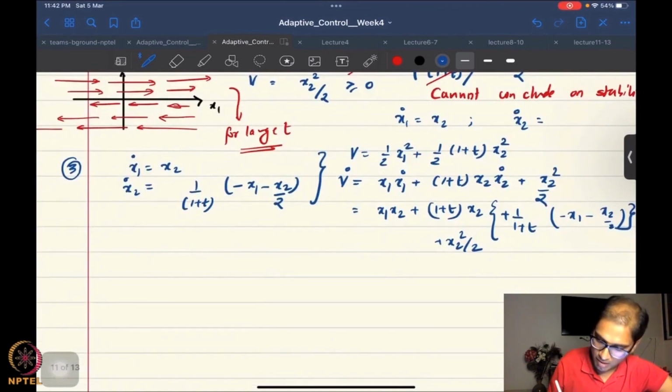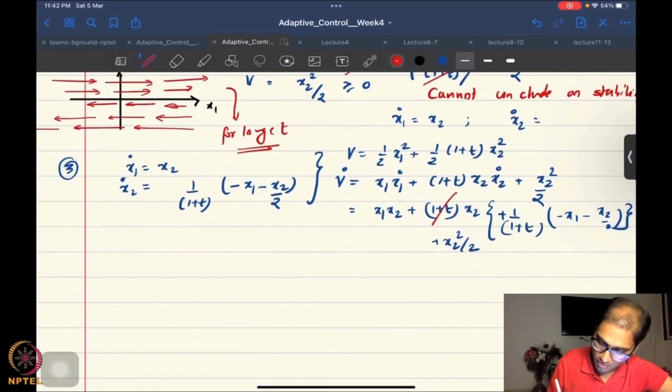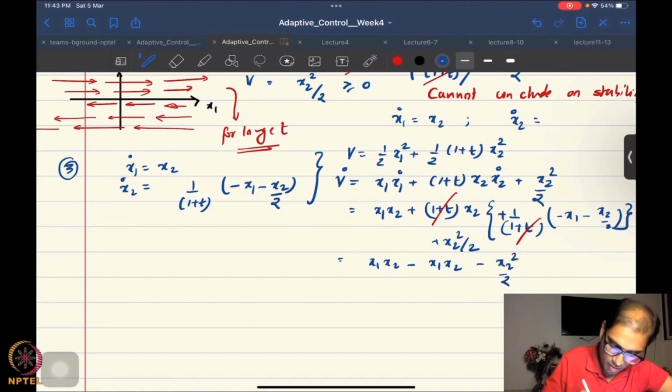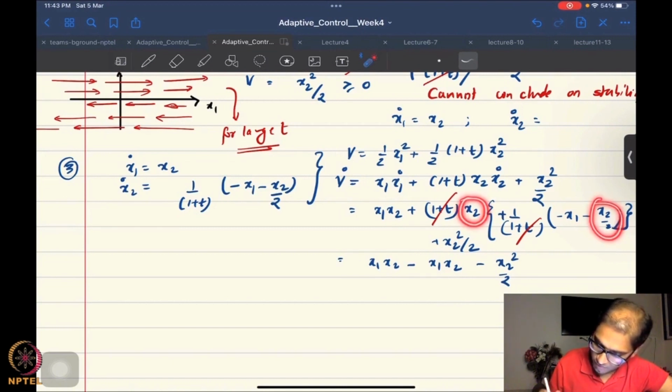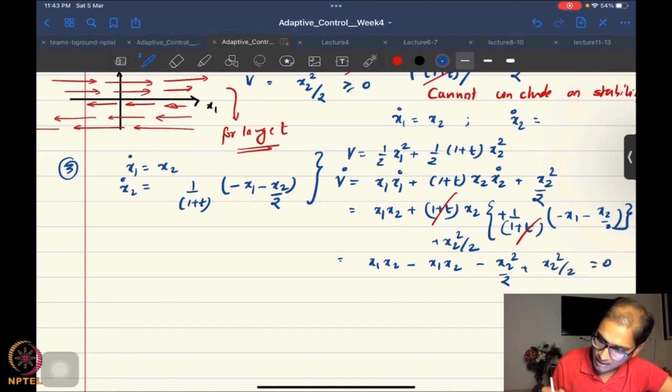You can see that these two cancel out. So I'm left with x1 x2 minus x1 x2 from here, and finally minus x2 squared by 2 from here, and then plus x2 squared by 2, which is exactly equal to 0. So I have V dot less than or equal to 0.